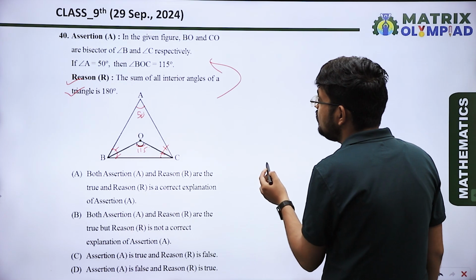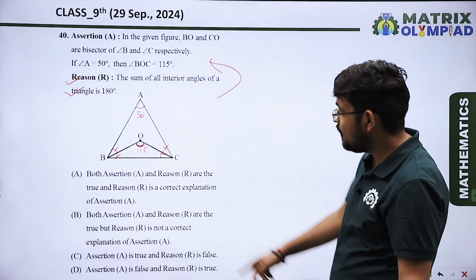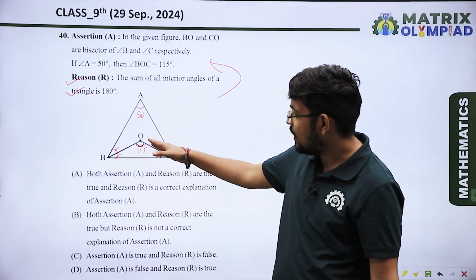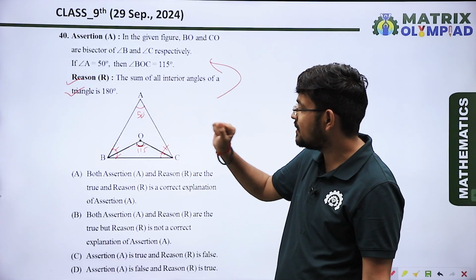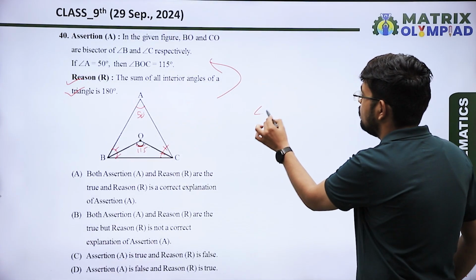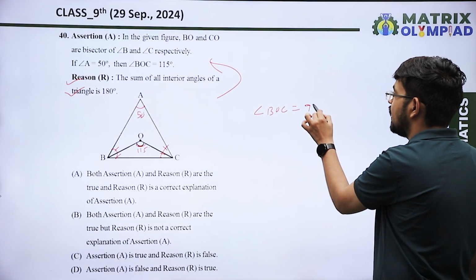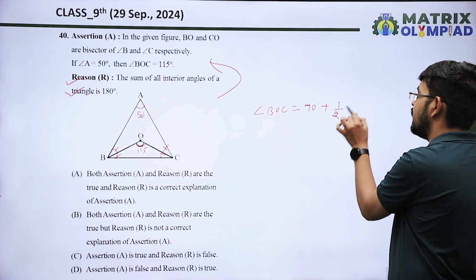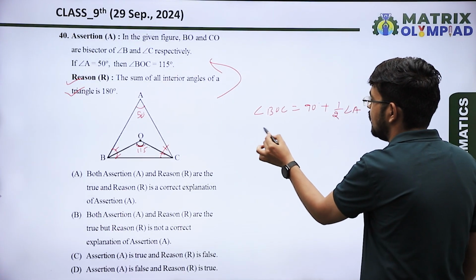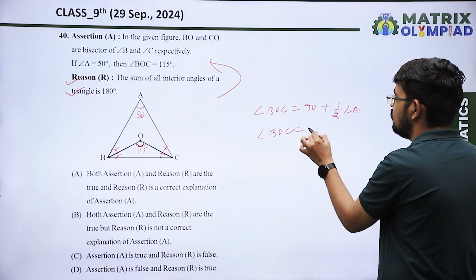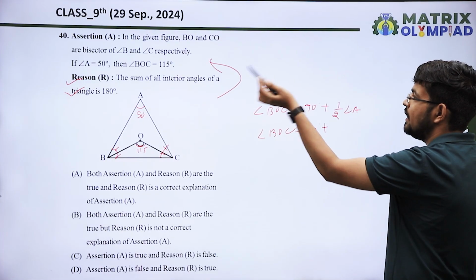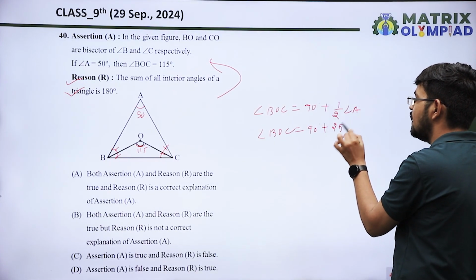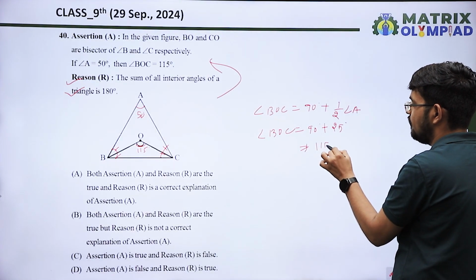Using the theorem, we know that if BO and CO are the bisectors of angle B and C, then angle BOC equal to 90 plus half of angle A. According to this, angle BOC equal to 90 plus half of angle A, that is 25 degrees, and that is 115 degrees.